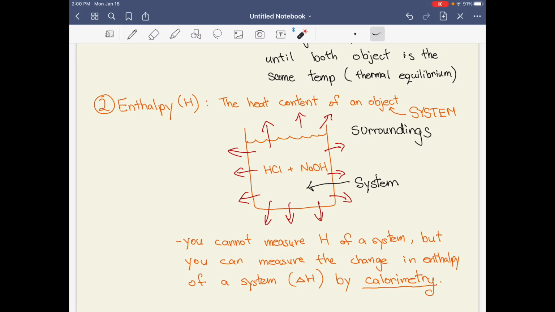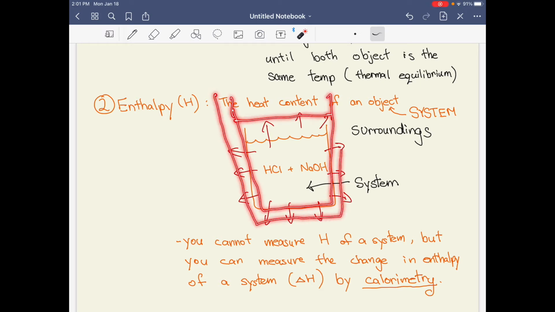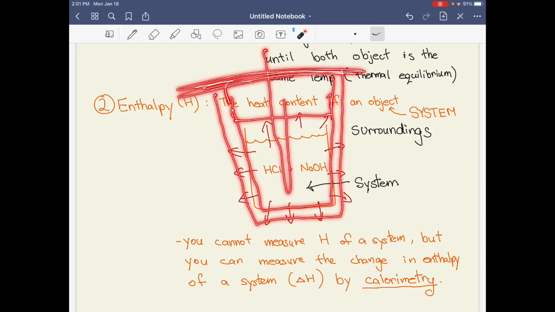Okay, so if you were to build a calorimeter, measuring what exactly is the delta H of this system right here, you would turn the beaker into a styrofoam cup, maybe 2 styrofoam cups, and put a lid on top and stick a thermometer in here. Okay, and what you're going to be doing, of course, is measuring the difference in temperature.